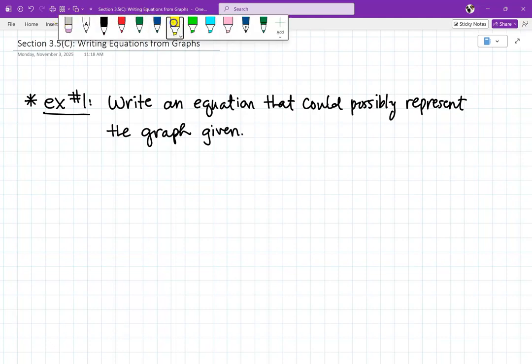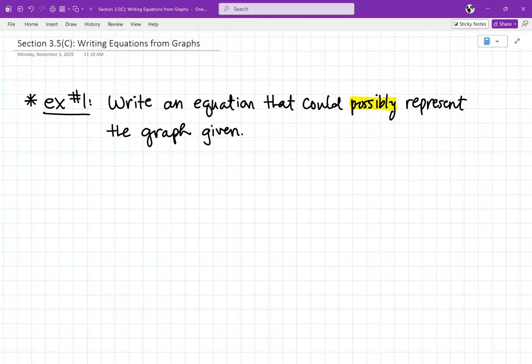Now notice a key word that is written here, and you're going to see the same thing in your instructions. I don't know if they use the word possibly, but that's kind of the gist of it: the equation you give me may not be the actual equation for the graph given, but it's going to be a close one. Because there are so many possibilities for what the equation can be for a graph.